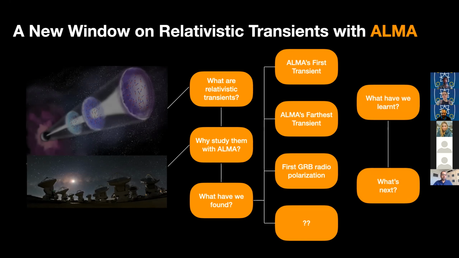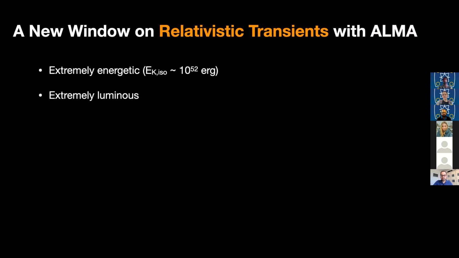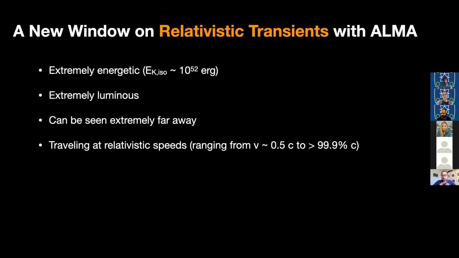Just to bring everyone onto the same page, when I say relativistic transients, I'm talking about catastrophic stellar explosions that release in a few seconds as much energy as the sun does in its lifetime. These are extremely luminous, and they can be seen very, very far away. These transients are powered by the interaction with the ambient medium of a small amount of material that's moving at relativistic speeds, that is close to the speed of light.